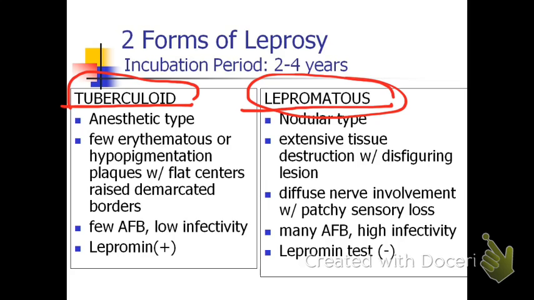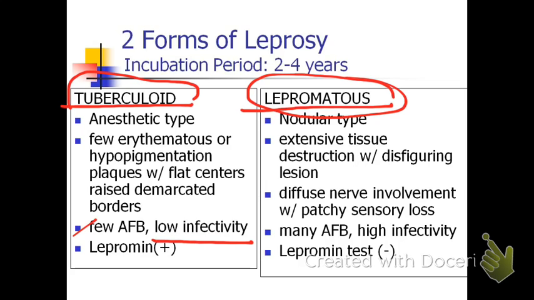Well, if you want to choose a lesser evil, that would be the tuberculoid type, otherwise known as the anesthetic type, because there would be only few acid-fast bacilli here and low infectivity. Here you'll have few erythematous or hypopigmented plaques with flat centers and raised demarcated borders. This one is positive for the lepromin test.